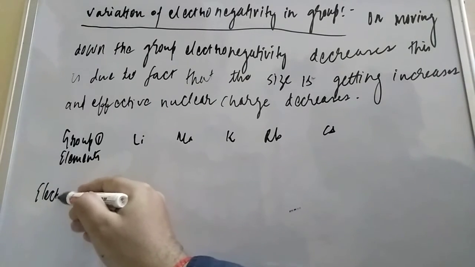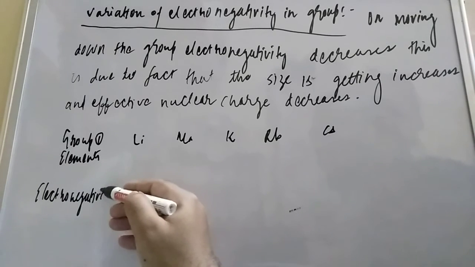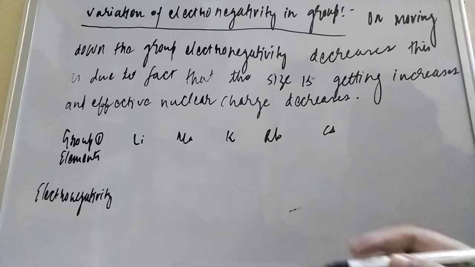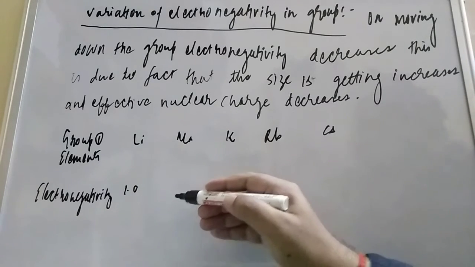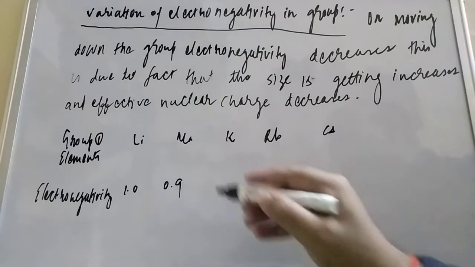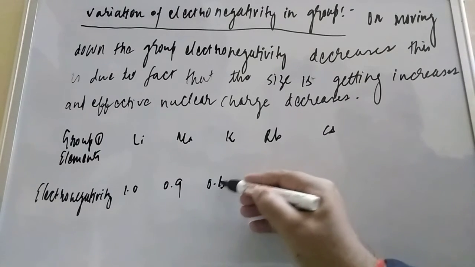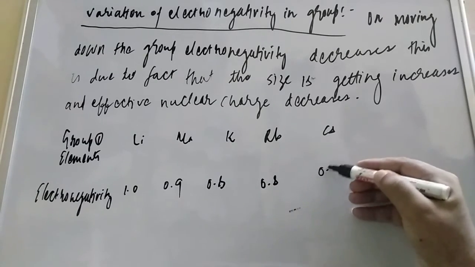Lithium has 1.0. Going down, sodium decreases to 0.9, potassium is 0.8, rubidium is also 0.8, and cesium is 0.7.